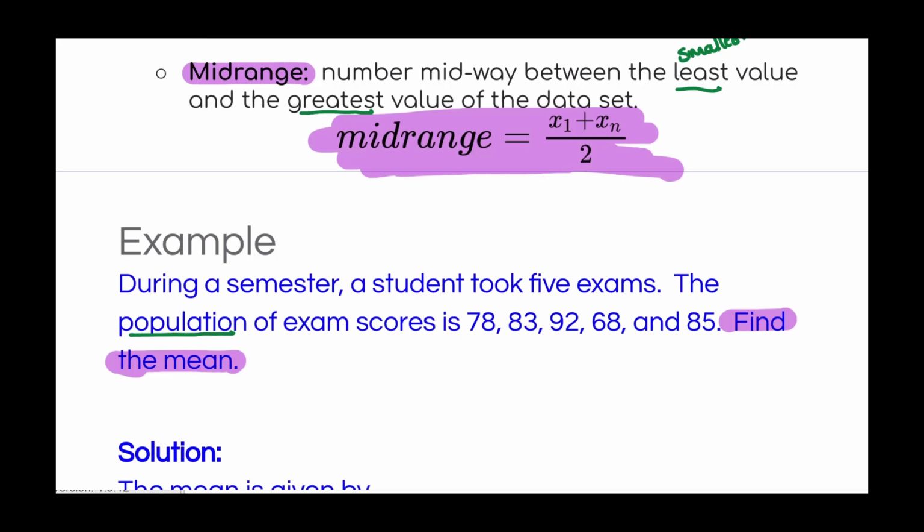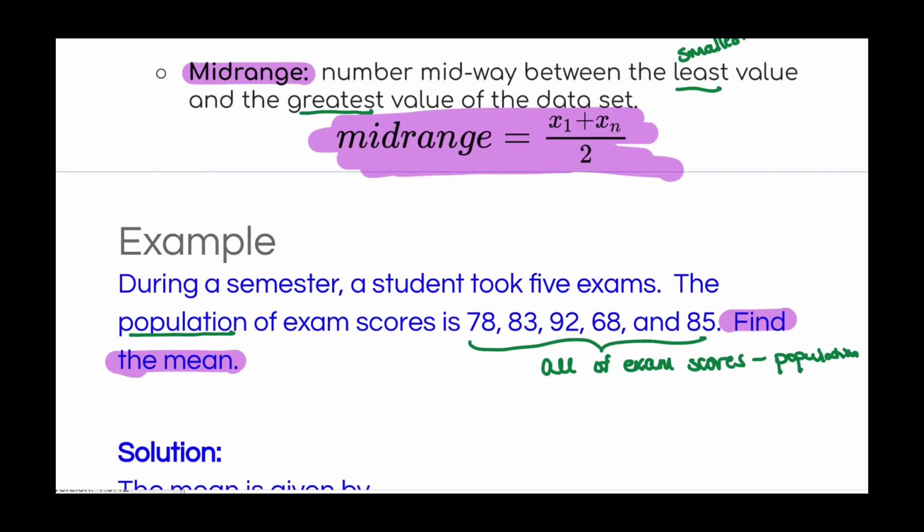Now, the reason this is a population is because this is all of the exam scores, which means it is a population rather than a sample. If it was only a portion of the exam scores, then that would be a sample. But because it's all the exam scores, we say it is a population. Therefore, we find the population mean.